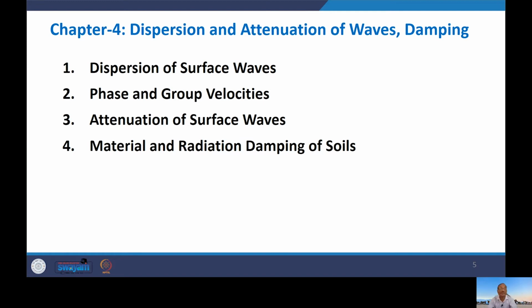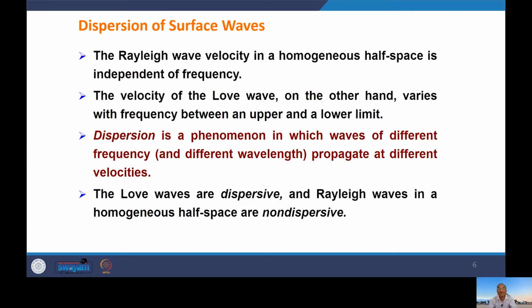What is that dispersion, which we are going to talk about? First of all, the Rayleigh wave's velocity in a homogeneous half space is independent of frequency, and that is key. If your soil medium is homogeneous, not heterogeneous, then not only body waves, which of course travel independent of frequency, but even Rayleigh waves will have velocity independent of frequency.